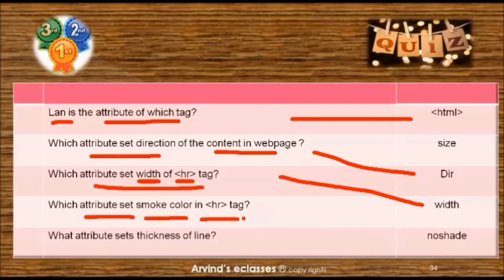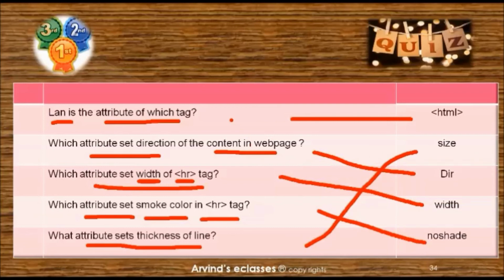Yes, you are right, it is the noshade attribute. And the last question is, which attribute sets the thickness of your horizontal line? Yeah, you are right, it is size. Very good job. Once again you have got 4 marks out of 4. Good job.